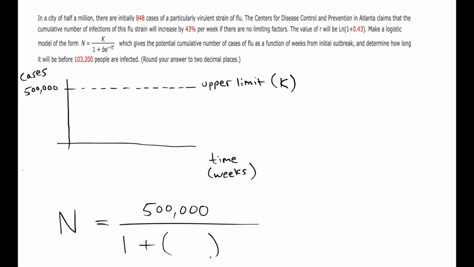But we don't know what the b value is. We can find the r value though, because they said that r was going to equal the natural log of 1 plus 0.43. So we could plug that in here.